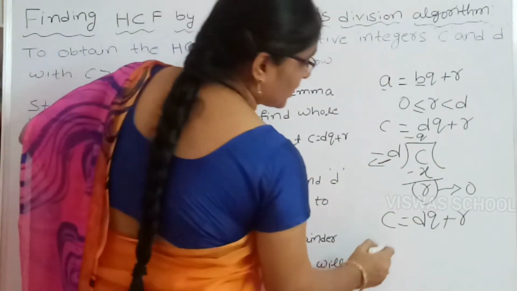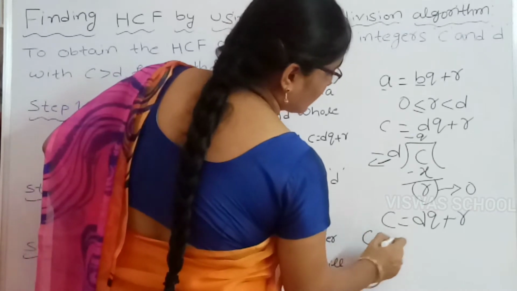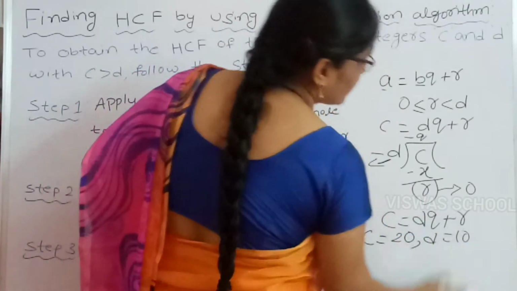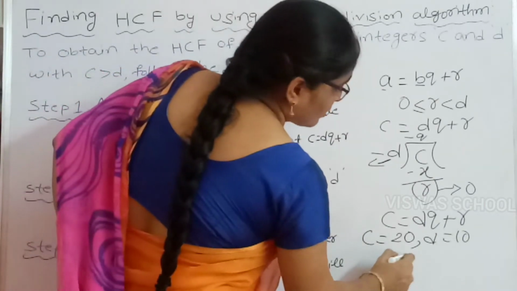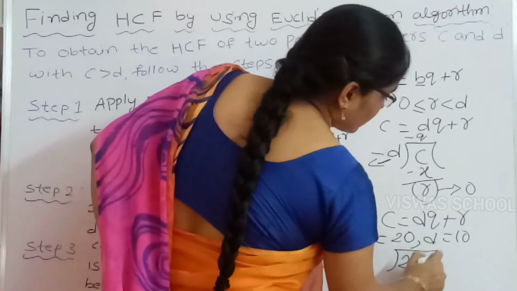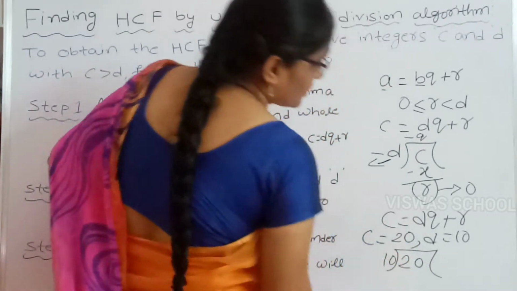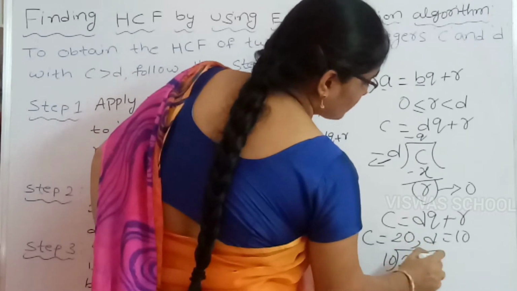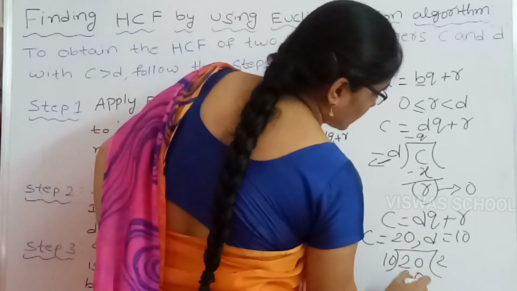See one example. For example, c equals 20 and d equals 10. We have to divide 20 by 10. 10 twos are 20.